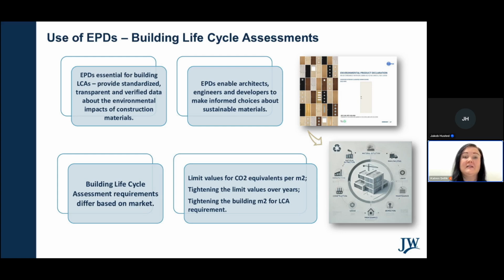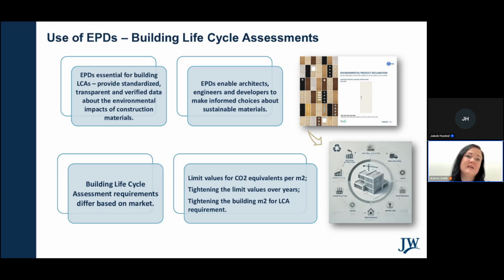They are tightening the limit values over the years, and we also see that the building square meter threshold from where the building life cycle assessment is needed is being brought to smaller and smaller.